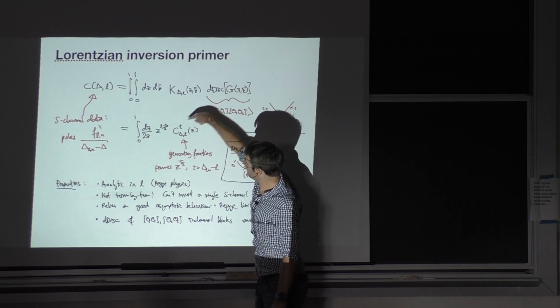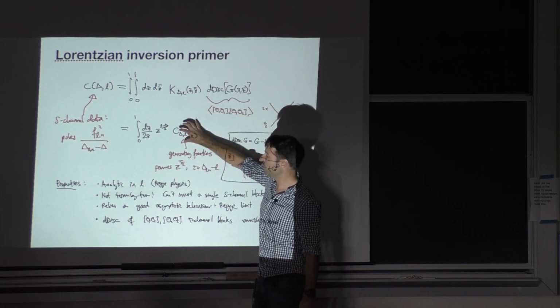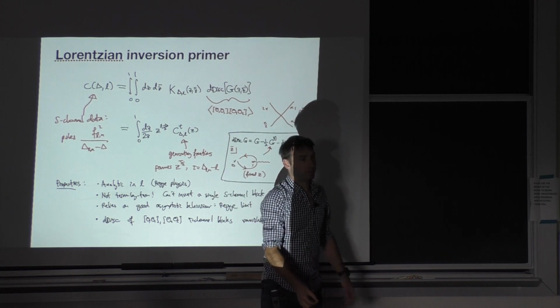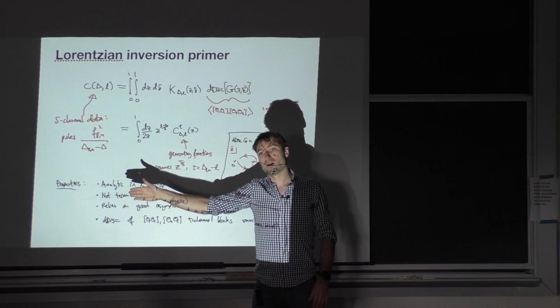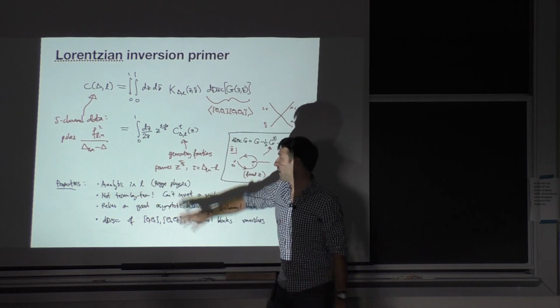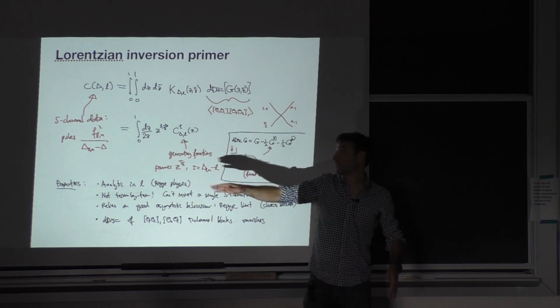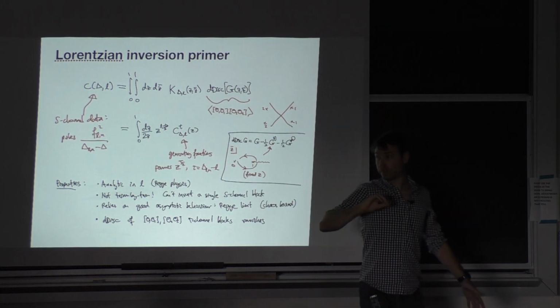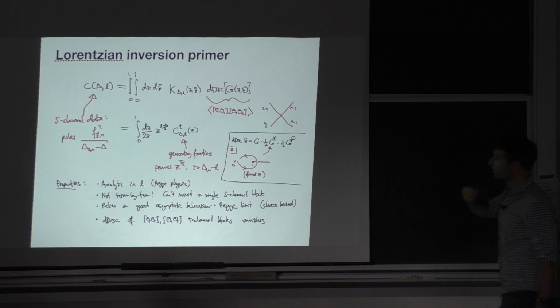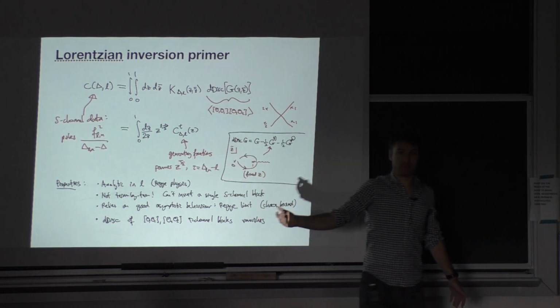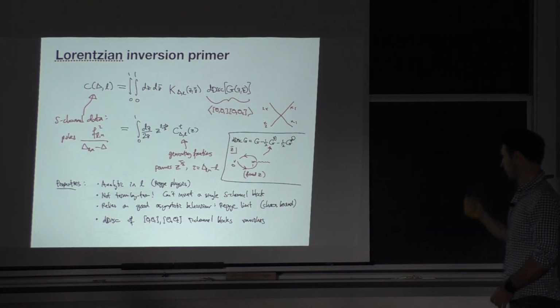So this thing, by just doing the z-bar integral, is a generating function. You read off the operators in your spectrum by the powers of z that appear in this generating function. Okay, so the powers are the twist, turns out, the dimension minus the spin. That's not super important.